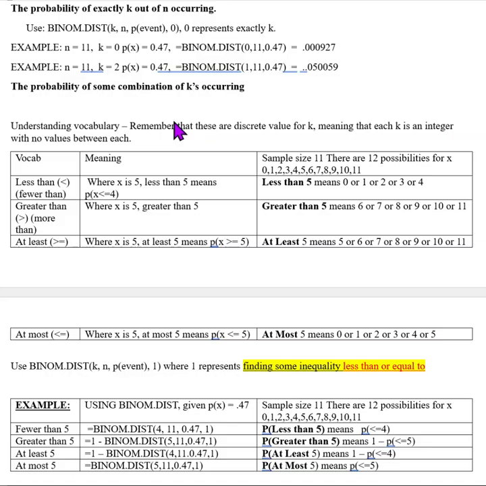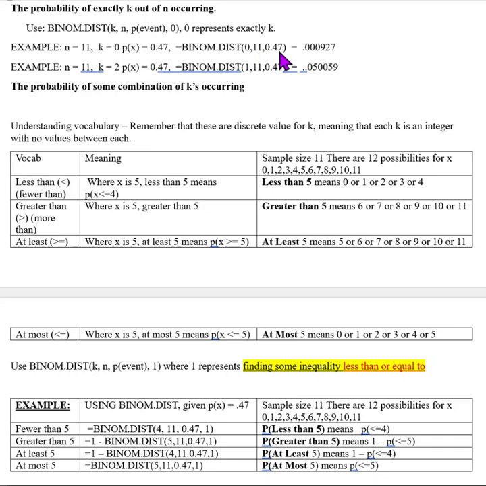So if I want just a specific value, the probability of 0 out of n samples occurring, and the probability that any item could occur is 47%, then I would use the binomial distribution. My first value would be the k, meaning none happened. The second would be n, which would be 11.